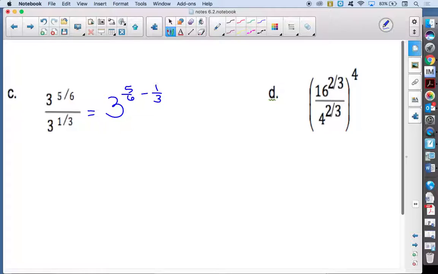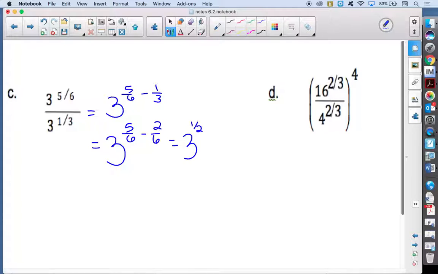So Virginia, what would your common denominator be? 6. So it would be 5/6 minus 2/6, which makes 3 to the 1/2. So 3 to the 1/2, square root of 3.